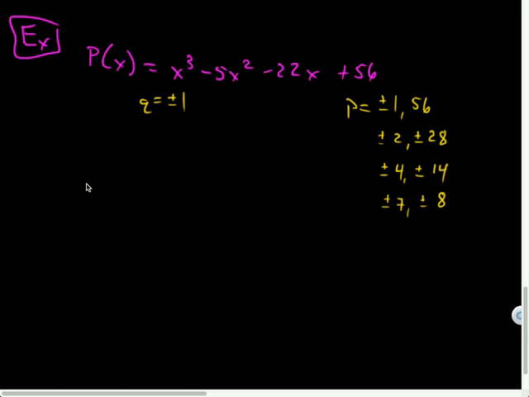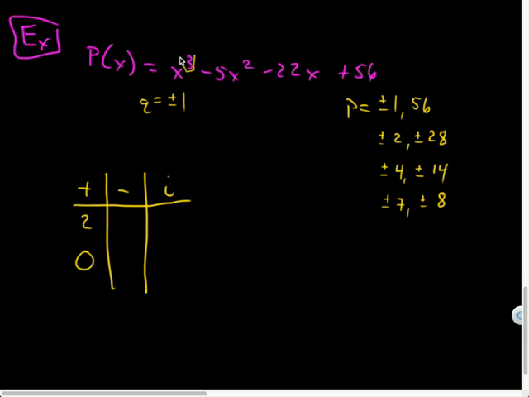According to Descartes, I'm expecting as many as 2 positives, so it's going to be 2 or 0 for the positive.